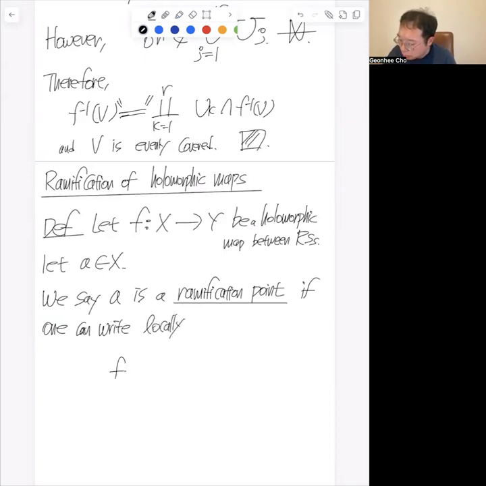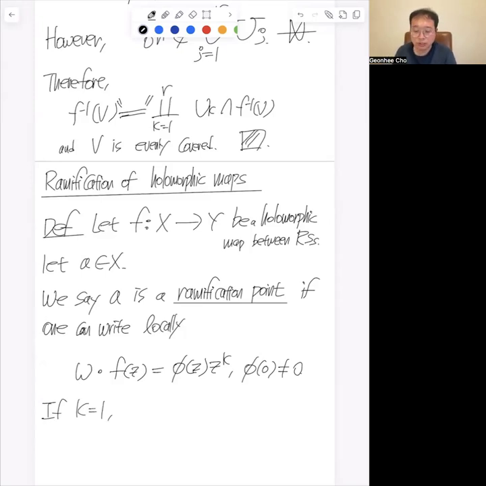By choosing the local coordinate, composing by the local coordinate omega, this can be written as phi of z times z to the power of k, where phi evaluated at 0 is non-zero. This is the expression of k, and if this order k is precisely 1, then we can say this map is locally biholomorphic.